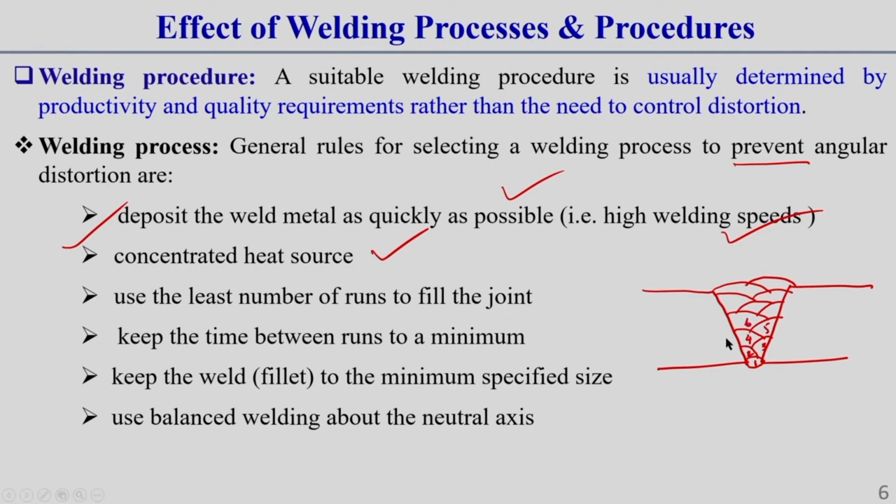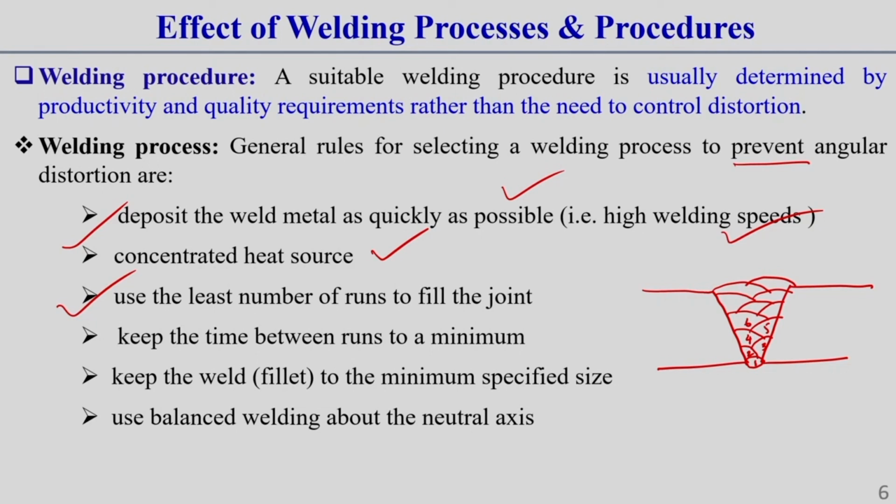For a thick section, we should use as few runs as possible, because the higher the number of passes, the higher the chance of hitting that zone multiple times, correct? The higher the number of hits, the higher will be the thermal expansion and contraction.